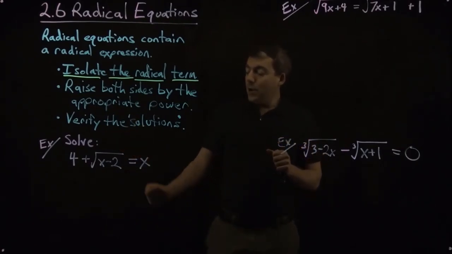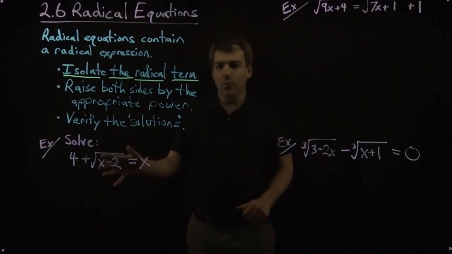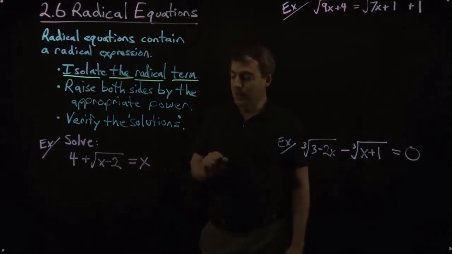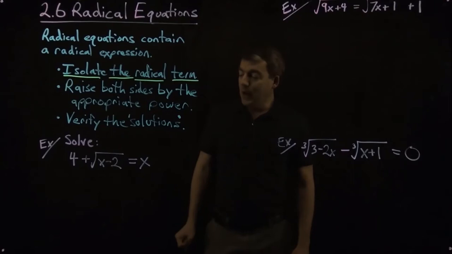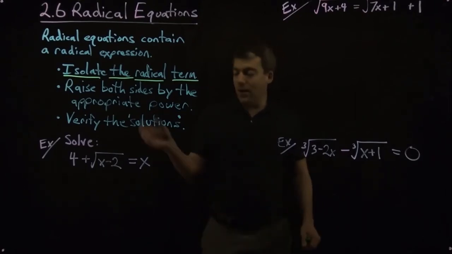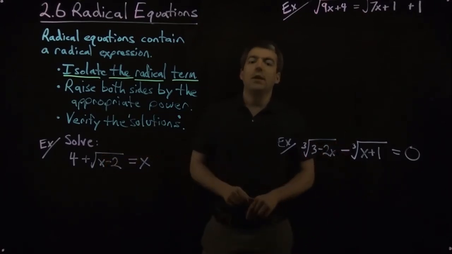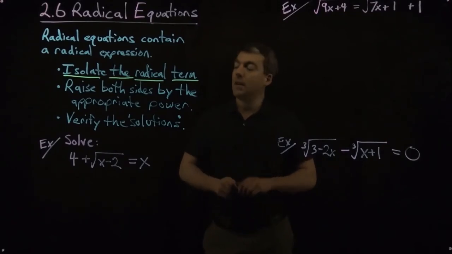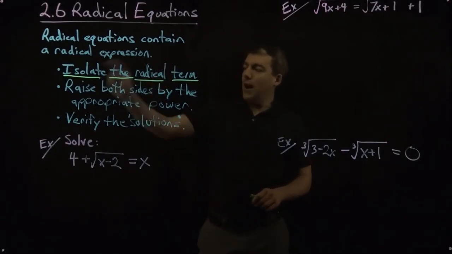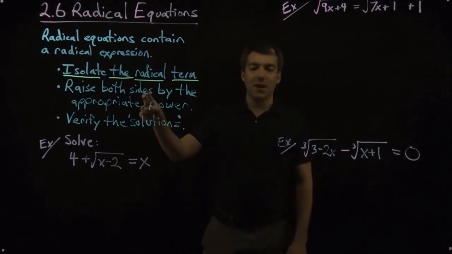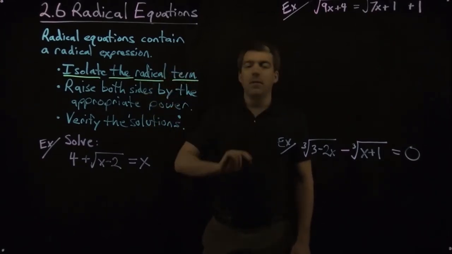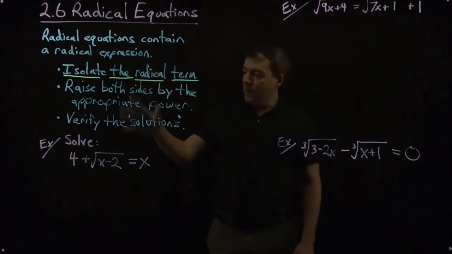So it's typically the even roots that give us problems. But in any case, we should verify the solutions anyway, whether we have square roots or cube roots or whatever in our equation. So: isolate, raise both sides to an appropriate power that cancels out the root, and then verify. That is our method.